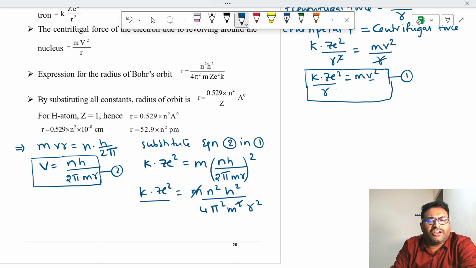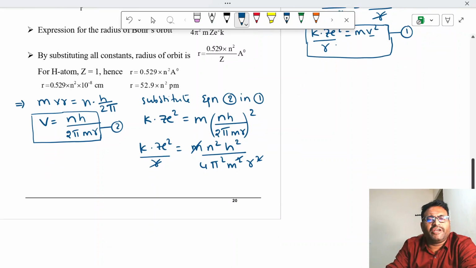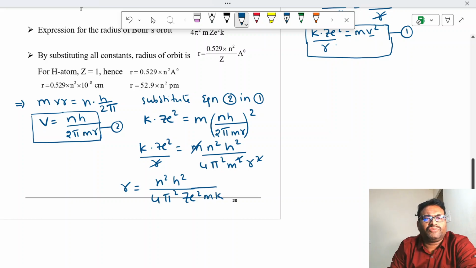So we have R here, R gets cancelled. Then what do we have? R is equal to n square h square by 4 pi square Z square m into k. Okay.